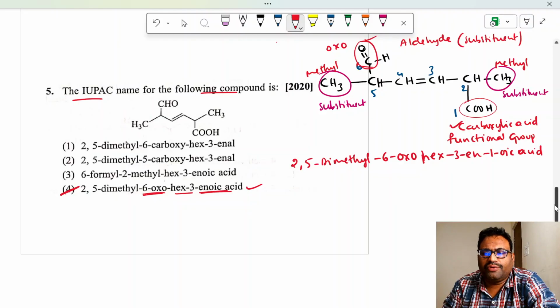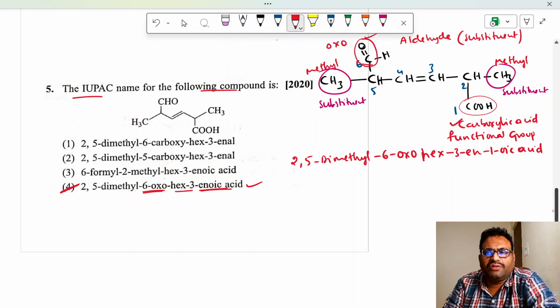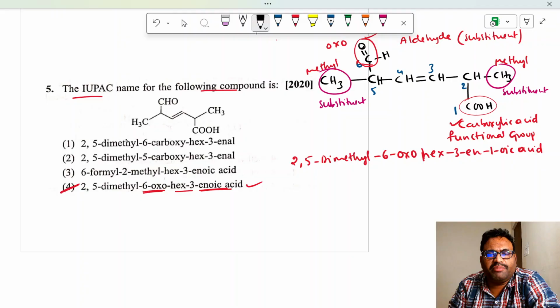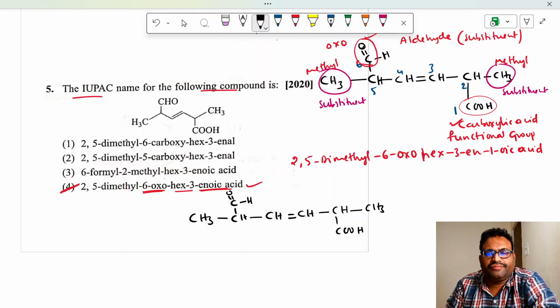The same can also be asked in a different way. Selection can be done in a different way also. So let us see. CH3, CH, C double bond O, H, right? CH double bond CH, CH, CH3, COOH. Now let us give numbering to this: 1, 2, 3, 4, 5.